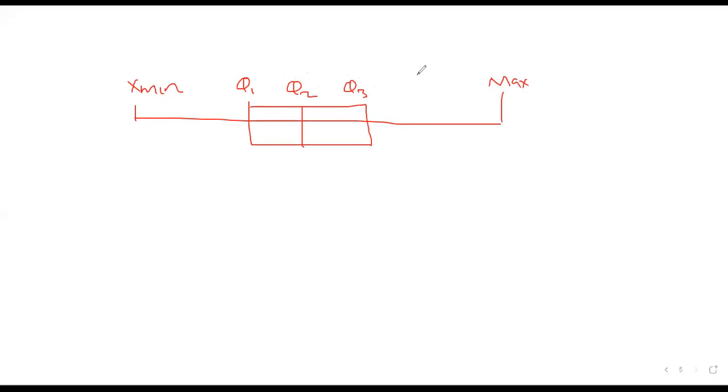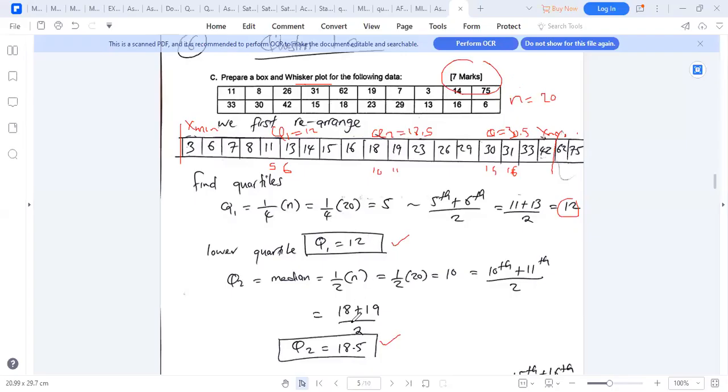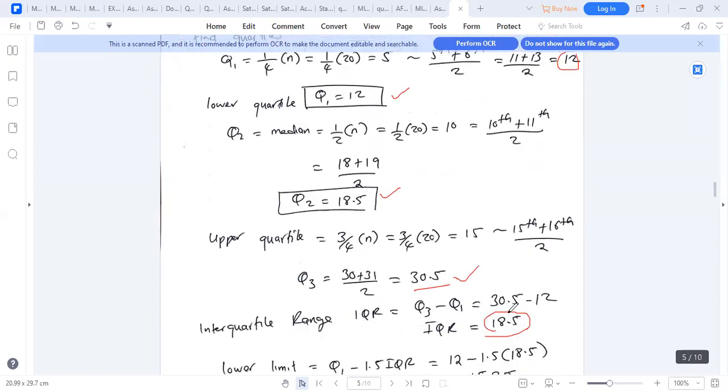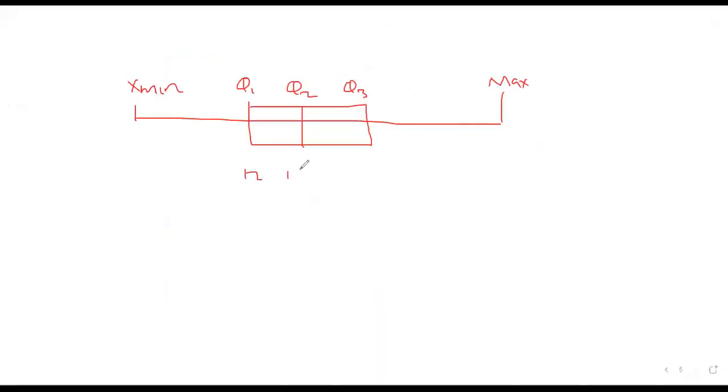Calculated Q1 is 12, Q2 is 18.5, and Q3 is 30.5. 12, 18.5, and 30.5.